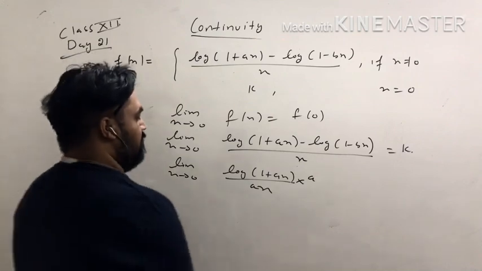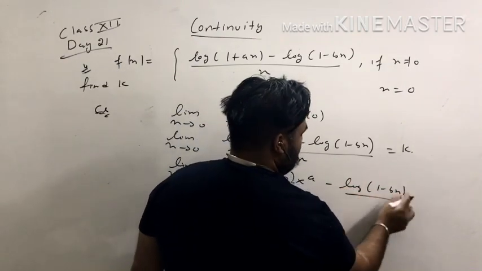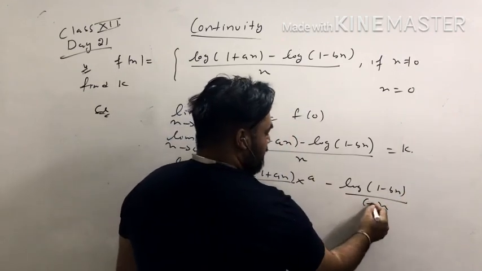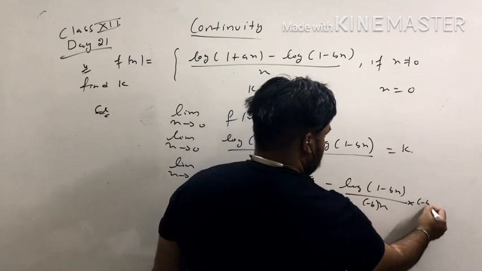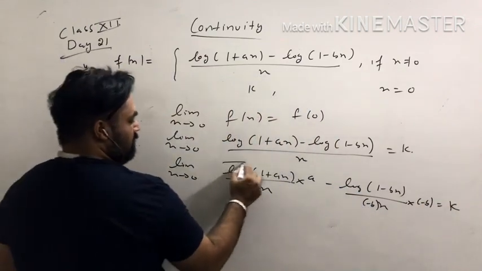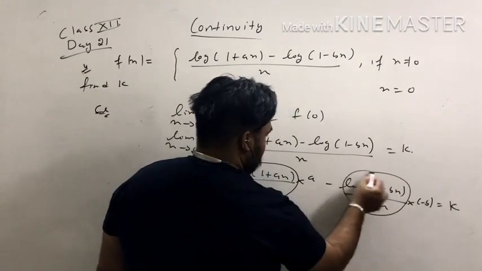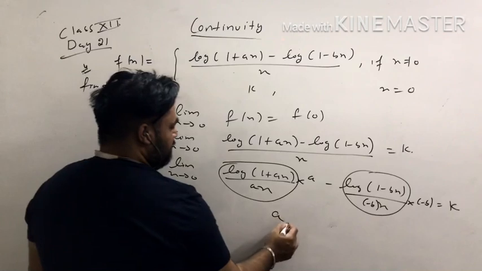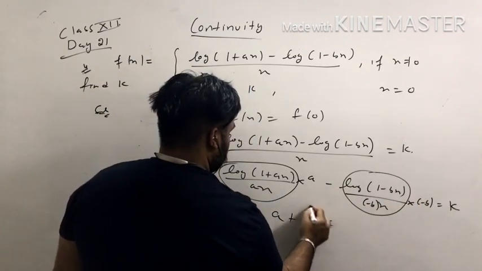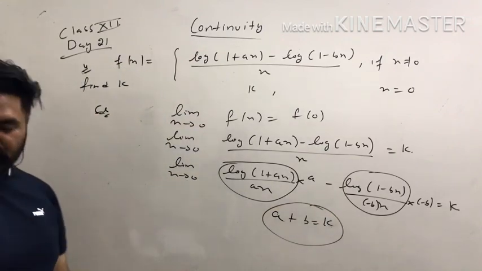So minus log(1 minus bx), and now I need this expression in the denominator, x, so divide by minus b and multiply by minus b, which equals k. Now this expression becomes 1, this expression becomes 1. So we are left with a minus minus b, that is a plus b, equals k. So this is the answer of this question.